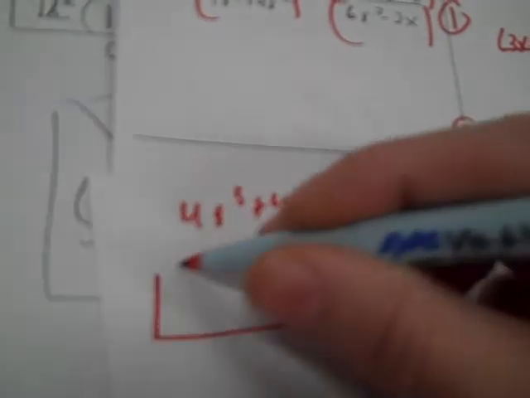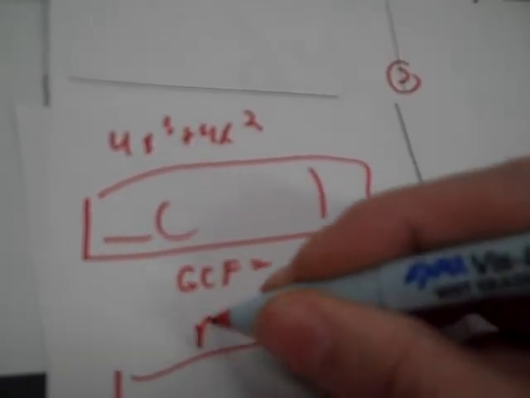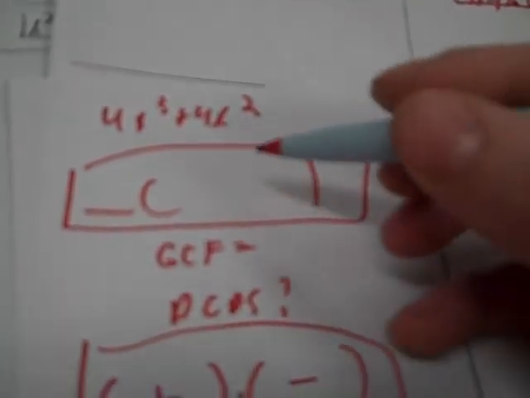Now the next one, bottom one, I got 4x to the third plus 4x to the second. So it's two terms. So GCF and DOPS. GCF, negative in front, nope, you've got x on everything. Not only that, it needs to be to the second power, so that second one can be crossed out. 4 and 4, GCF is 4.